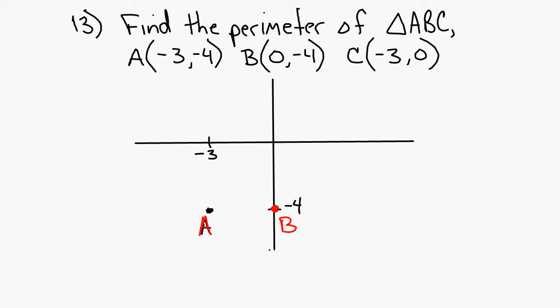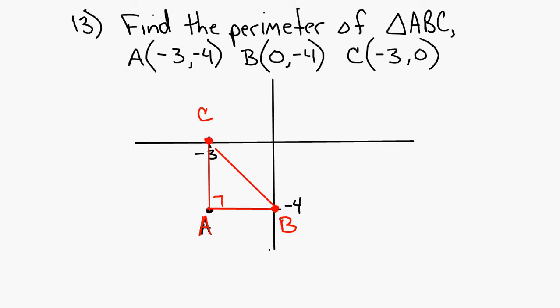And C is at -3, 0. -3, 0 right there. There's C. So if you connect these dots, or vertices, it's going to form a right triangle.